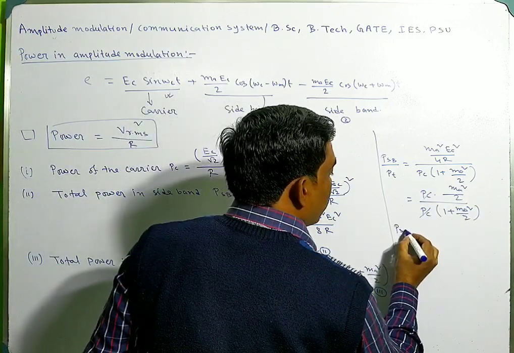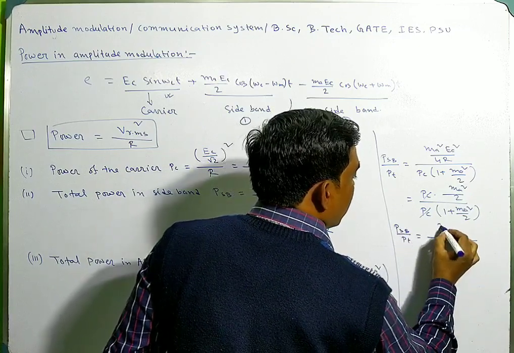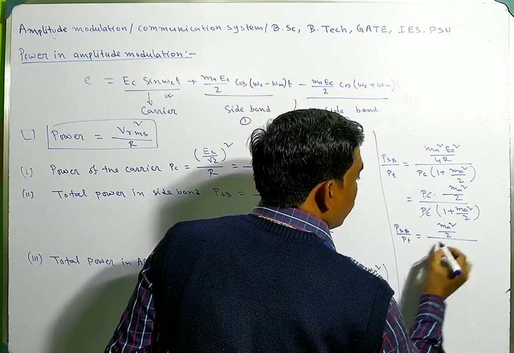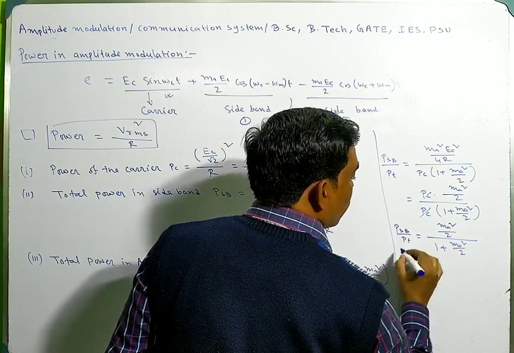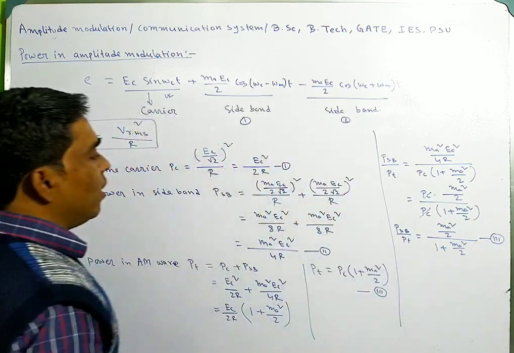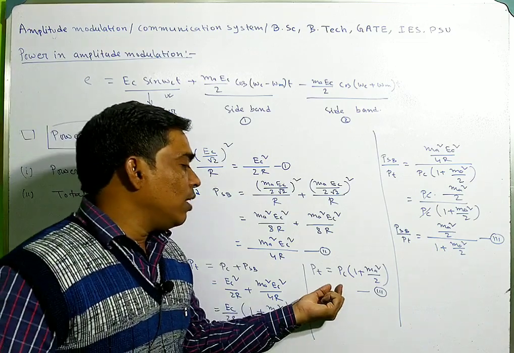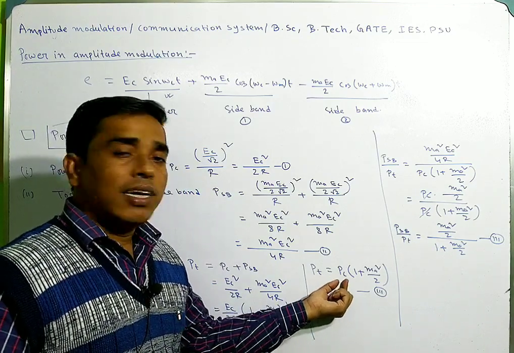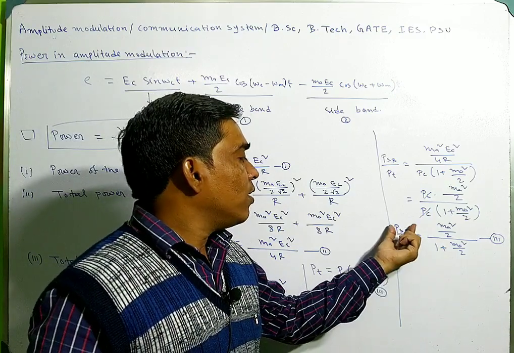So PSB divided by PT is given by (m squared by 2) divided by (1 plus m squared by 2). This is equation number 4. This equation gives the relation between total power and carrier power, and this equation gives the relation between sideband power and total power.